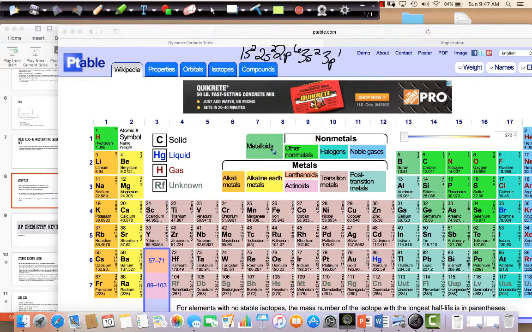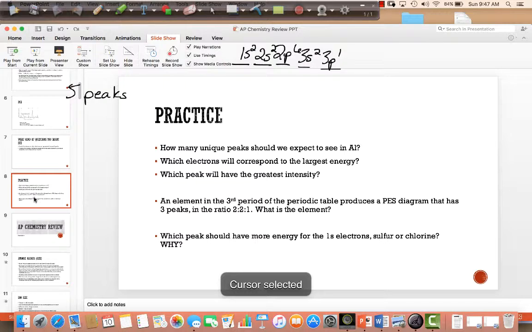Okay, so now if I'm answering the question, how many peaks should I have? Well, I should have a peak here, here, here, and here. So I should have 5 peaks on that PES diagram. Okay, which electrons correspond to the largest energy?